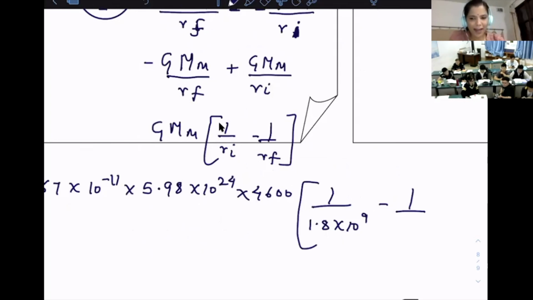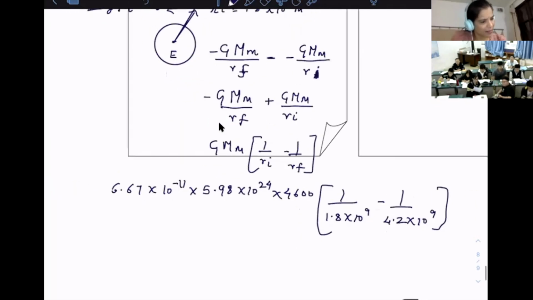Yeah, that is correct. That's approximately 5.7, or you can say 5.8 times 10 to the power of 10 joules. That is correct.